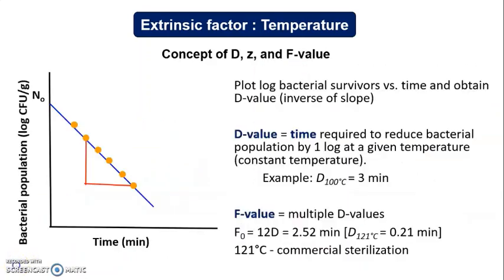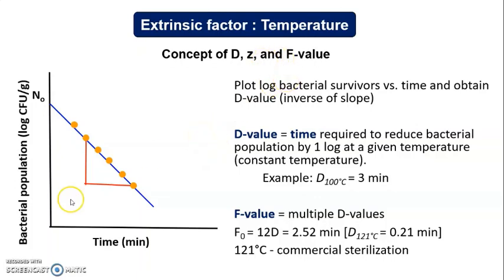Psychrotrophic means cold temperature, usually below 4 degrees Celsius, refrigerated temperature. If we want to talk about high temperature, meaning we want to kill the microbe using temperature, there are several concepts that I want you to know. The first one is D value, the second one is F value, and then the third one is Z value.